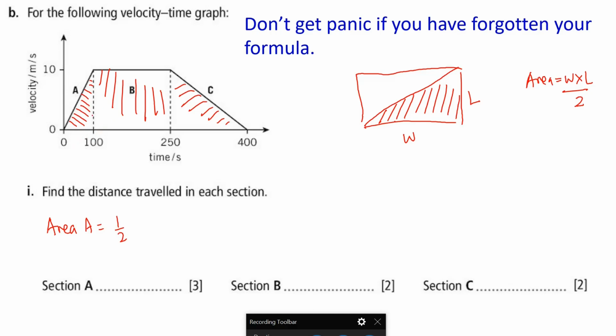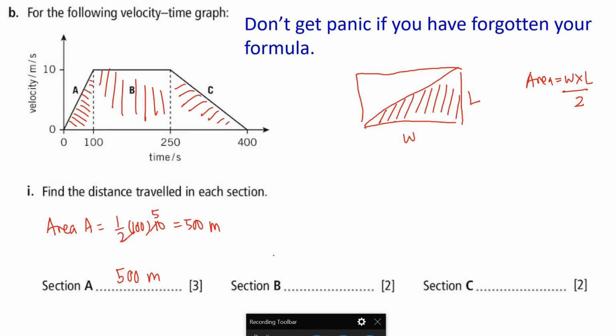Or you can define yourself, this is your W, this is your L. You can see the unit itself: velocity is meter per second, multiplied by second will give meter, so the unit ends up as meter. Over here you find that you have 500 meter. So for section A, the distance traveled by the object is 500 meter.